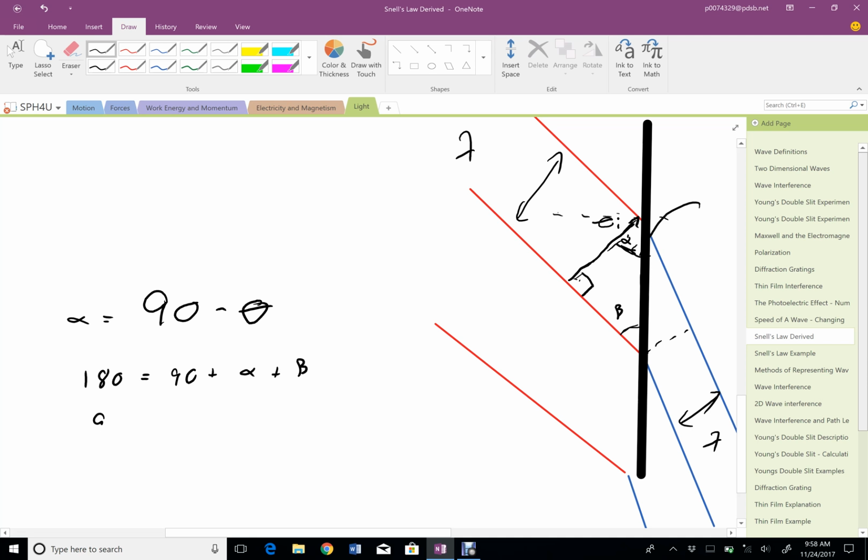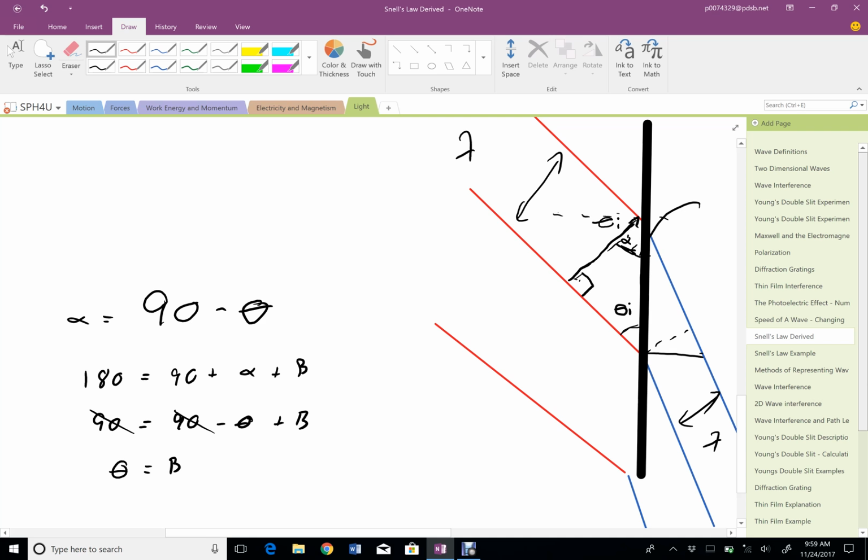So 90 plus alpha plus beta equals 180, which gives alpha equal to 90 minus beta. Then theta equals 90 minus alpha too, so theta and beta are the same, and that angle is also equal to my angle of incidence.